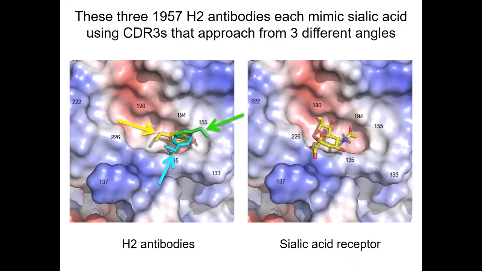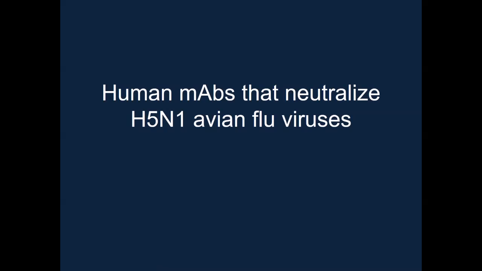So these are the two principal molecular determinants of binding to the receptor binding domain of influenza using human antibodies. And in fact, at least one antibody has been identified that has both of those interactions in a single antibody.